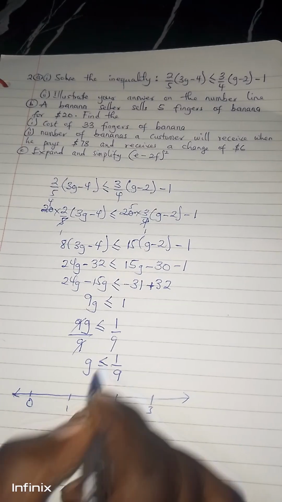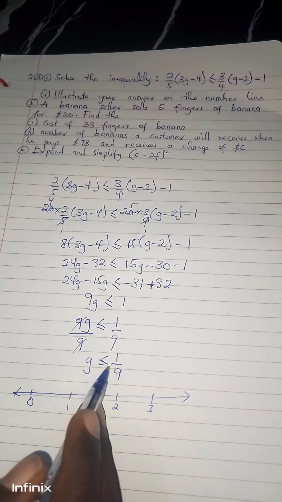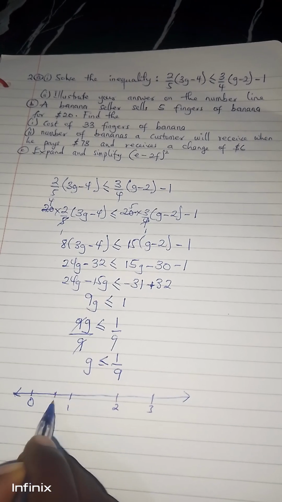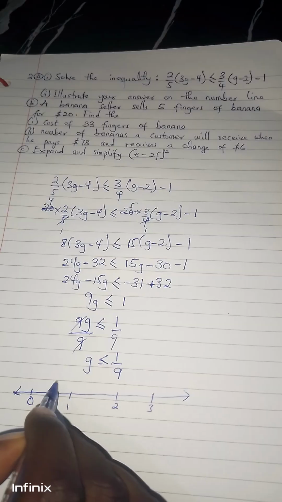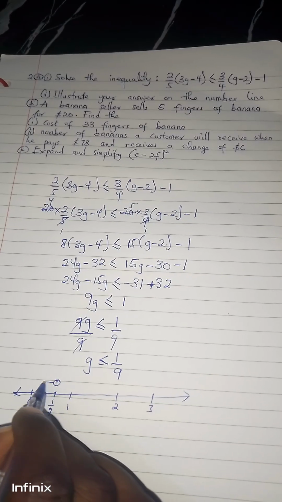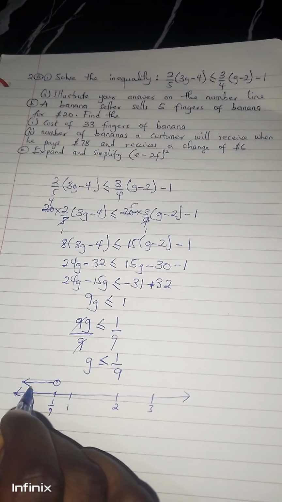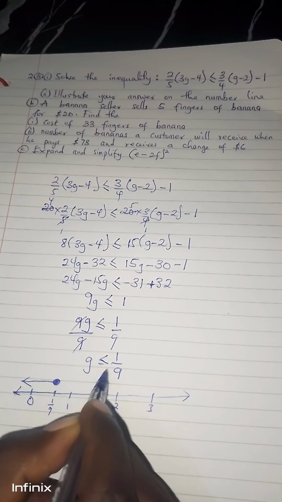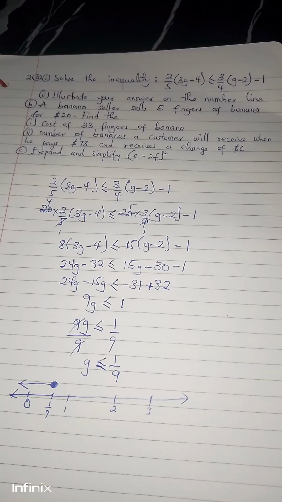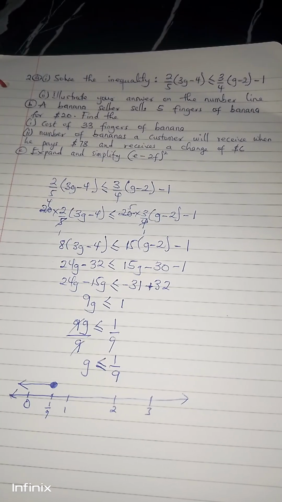Right, so here 1 on 9 is not up to 1, so it will be somewhere here. 1 on 9, we draw the circle, then point to this side, you shade, because we have the equal sign under it. Right, so the sub question will be back to solve that one later.